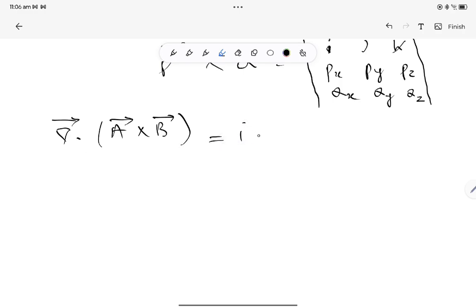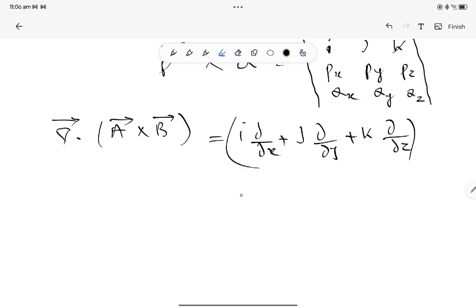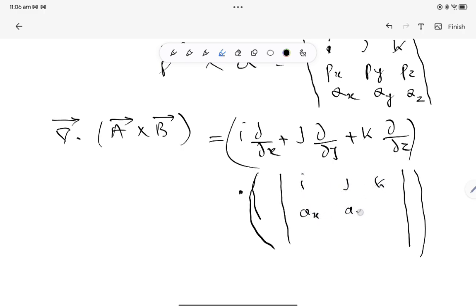That is i cap d by dx plus j cap d by dy plus k cap d by dz, del by del z, dot A cross B. Now A cross B is, once again we will write it in determinant form: i, j, k, Ax, Ay, Az, Bx, By, Bz.